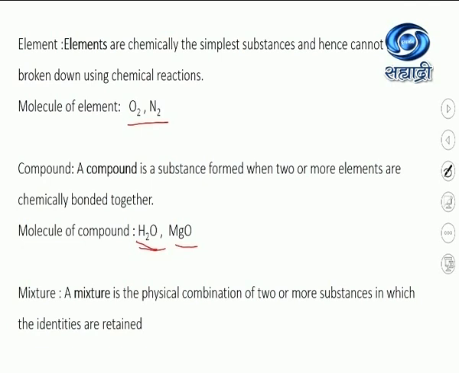So it forms a compound. What is a mixture? A mixture is a physical combination of two or more substances in which the identities are retained. For example, when we eat bhel, that is also a mixture. Lemon juice is a mixture. We can retain the properties of the constituents again.